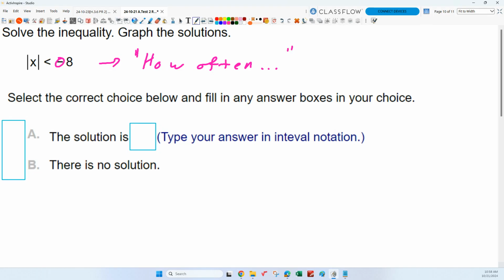How often is the output of an absolute value less than a negative number? How often? Never, right? The answer is never. So what's our answer? No solution. There you go.